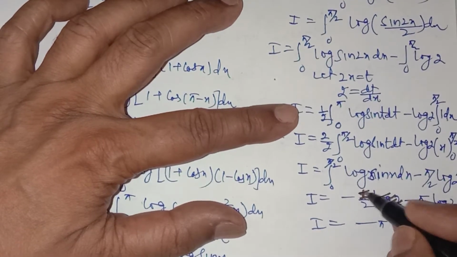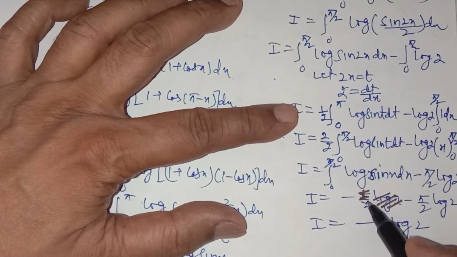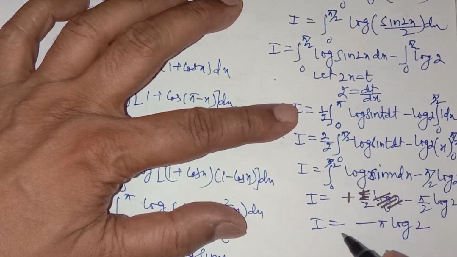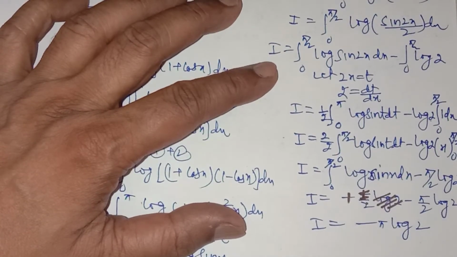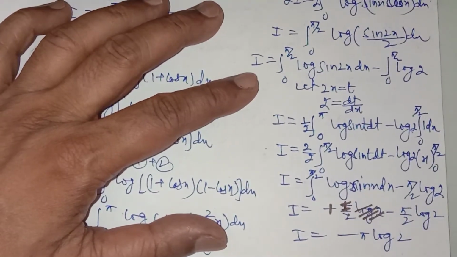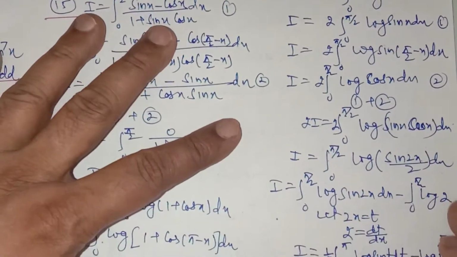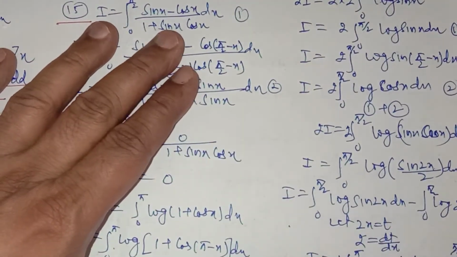And when we solve it, how much will it be? Take this to the left hand side. It will be I minus pi by I, and take 2 to the right hand side. So like this you can do. It is a very good question. This integral from 0 to pi by 2 log sin x is more important than this whole question.